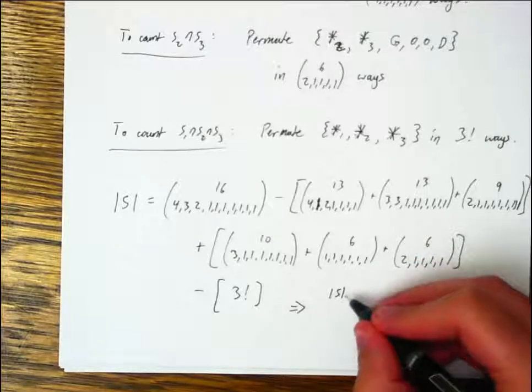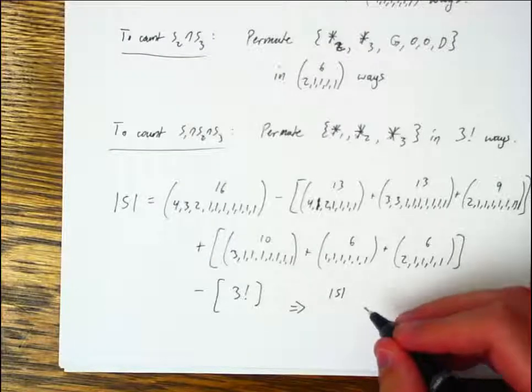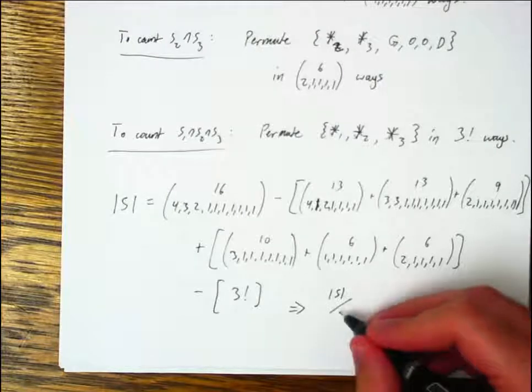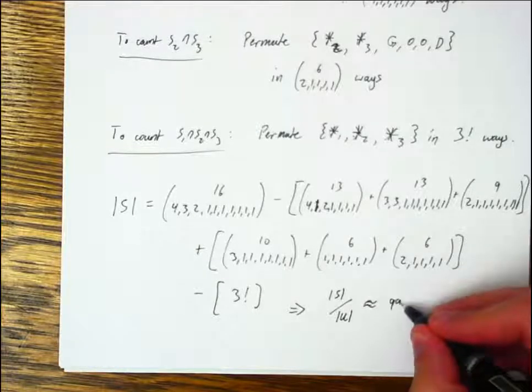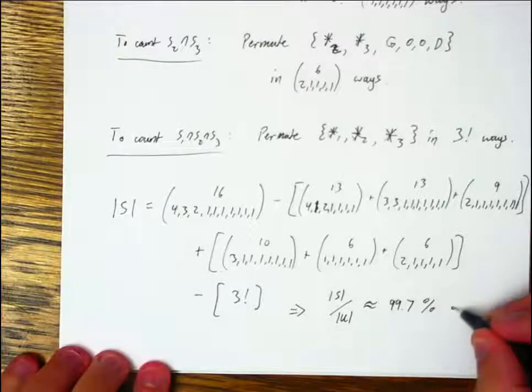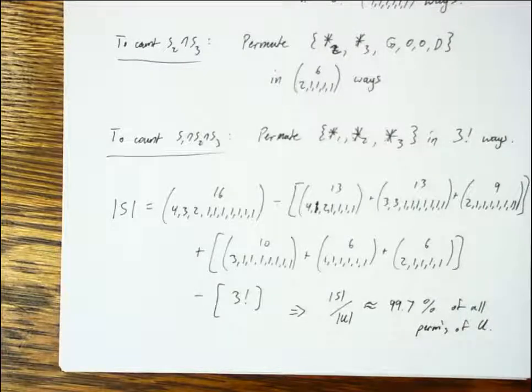The number of things I wanted to count, where none of good, news, and everyone appear in order in the permutation, accounts for, if I divide that over my universe, approximately 99.7% of all the permutations of U. In other words, if you pick a random permutation from U, the odds of you getting a permutation such that good, news, and everyone never occur as consecutive letters is nearly all of them.